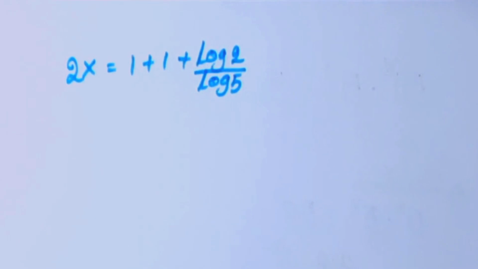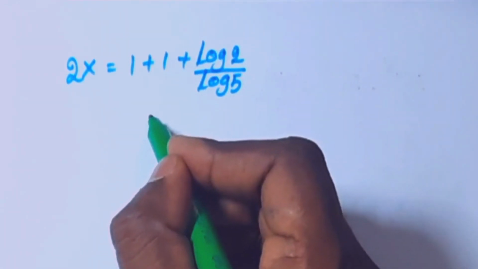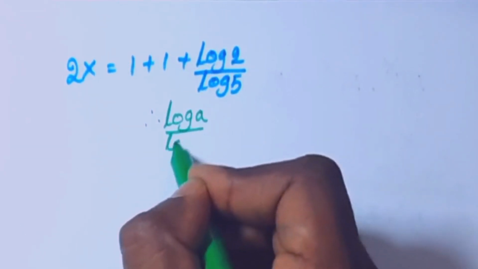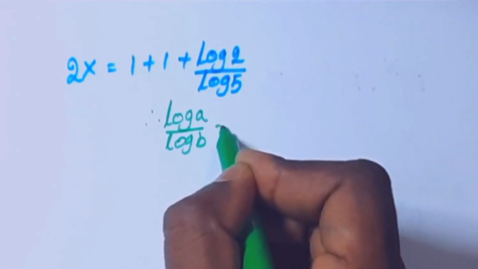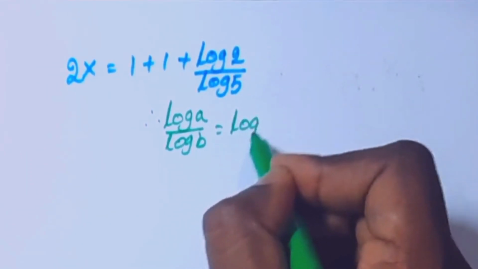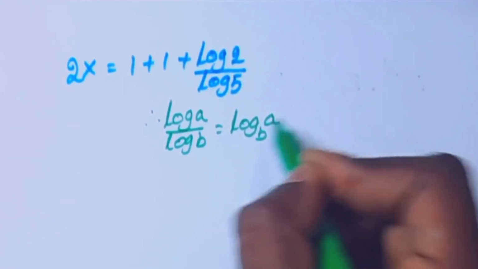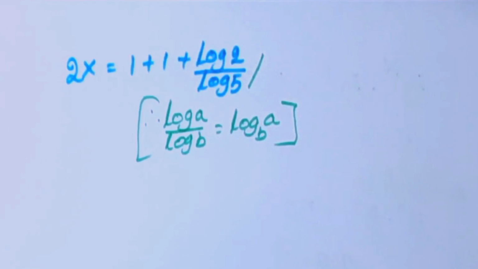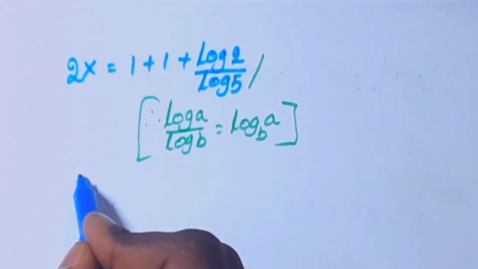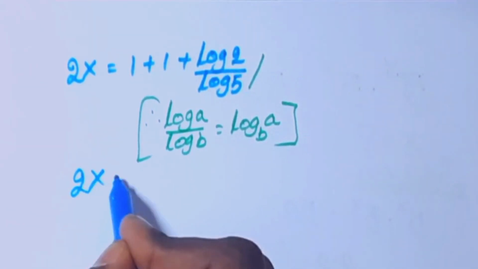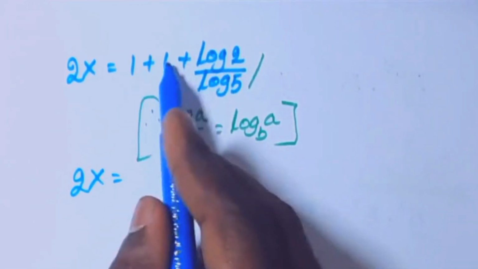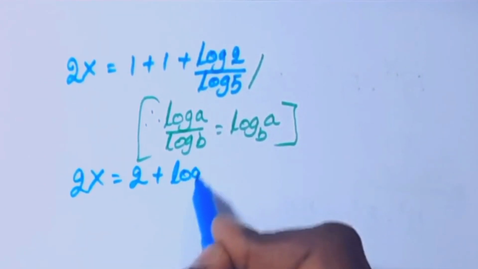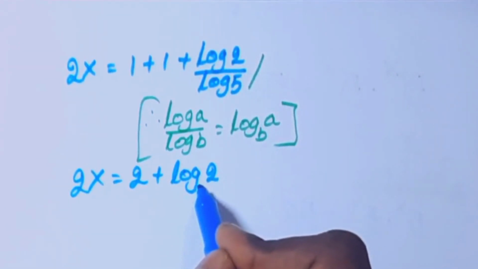Now we know this log formula, that is log a by log b equal to log a base b. This formula we are going to apply here. So we'll get 2x equal to 1 plus 1, 2, plus log 2 base 5.